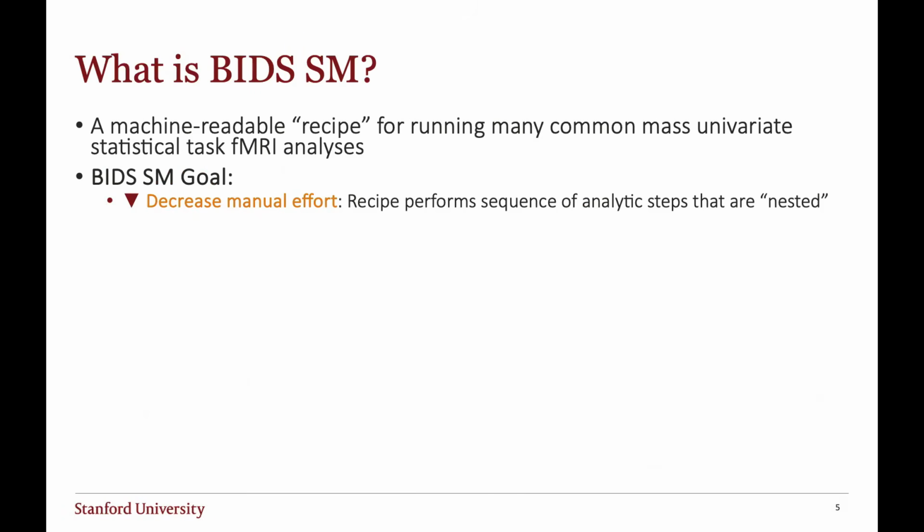Fitlins basically uses BIDS Stats Models, which effectively uses machine readable files to run common univariate task fMRI analyses. Its original goal is to effectively reduce the manual effort by using a recipe that performs a sequence of nested steps. So it ingests your runs.